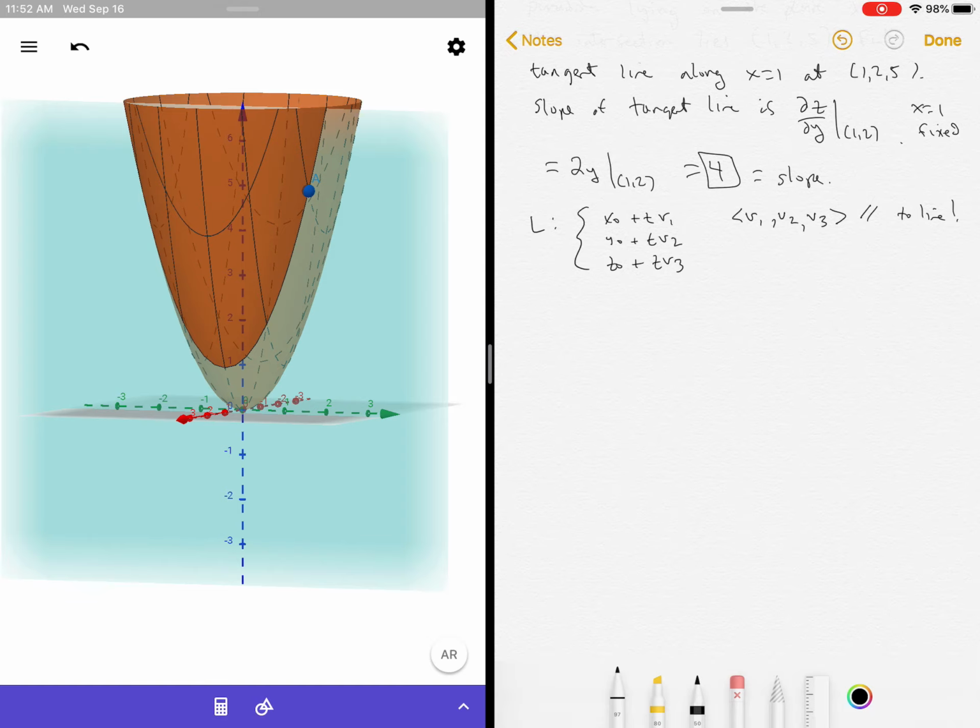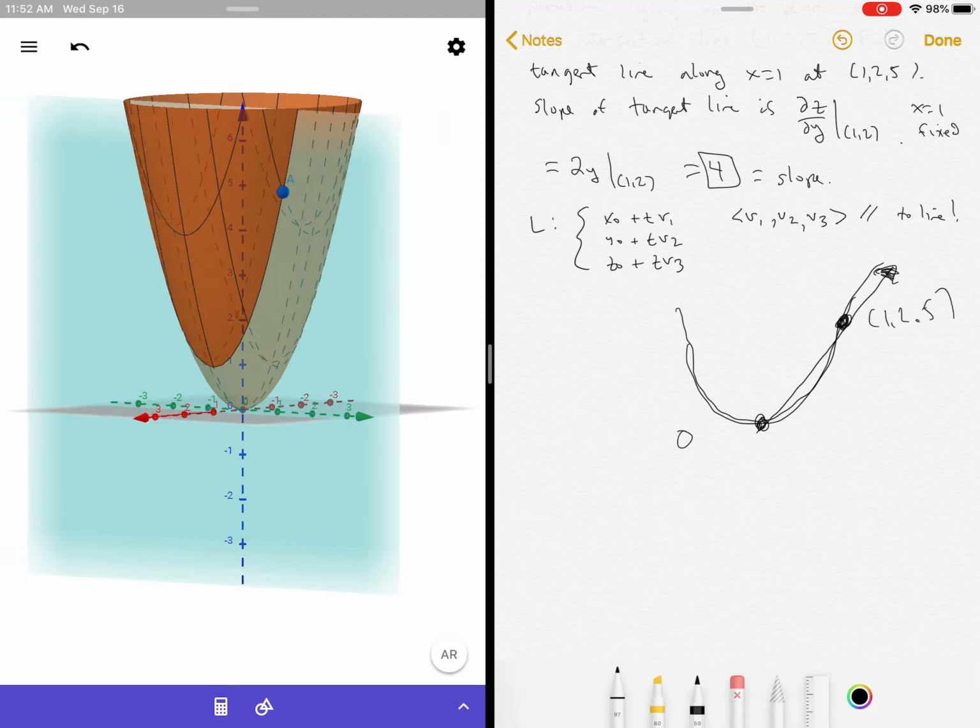But if you look at the parabola, up here is the point (1, 2, 5). Here's the origin. What we want is the vector through there.